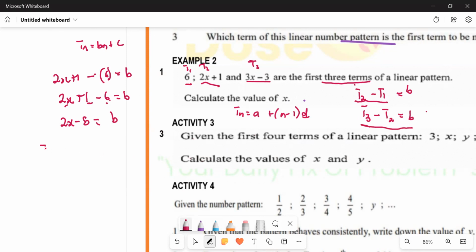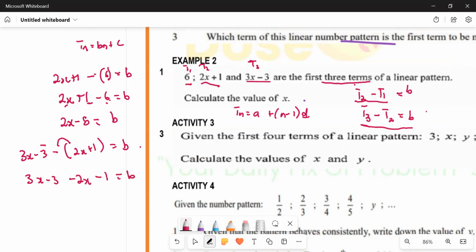I am going to have term number 3, which is 3x minus 3, minus open bracket, term number 2, which is 2x plus 1. This is equal to B. Then we have 3x minus 3, and this one multiplied by this one gives minus 2x, and this one multiplied by this one gives minus 1.